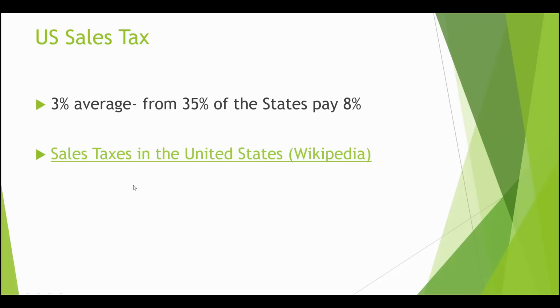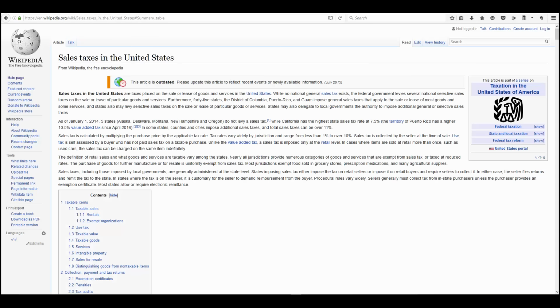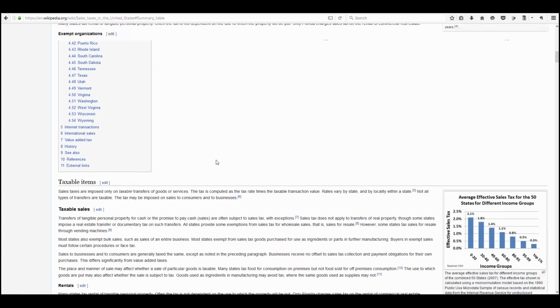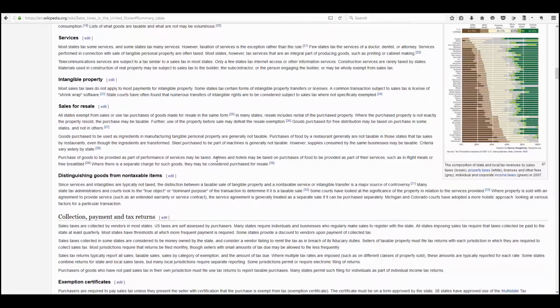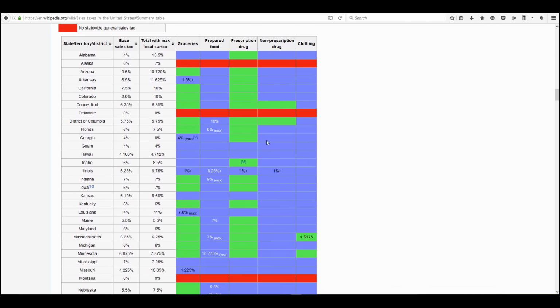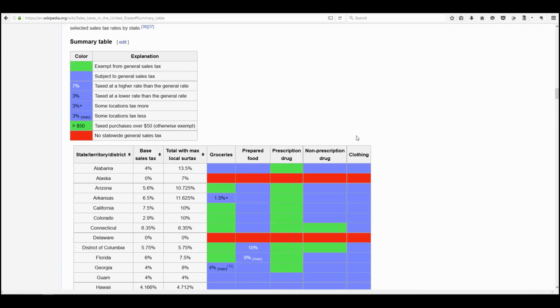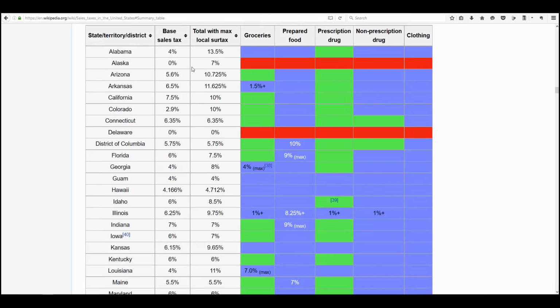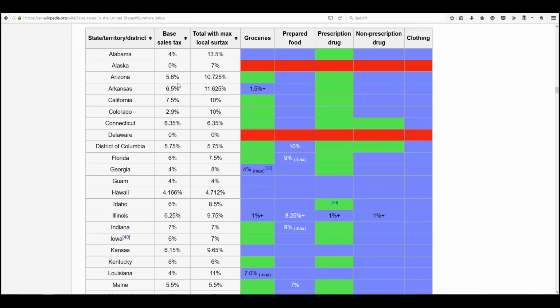Just to make it clear, let's look at Wikipedia, what they say about sales tax. Wikipedia on sales tax in the United States has a list of all the states and what they charge. You look down below, I'll make it a little bit bigger so it should be clear. You can see some states charge 4, 0, 5.6, 7.2.